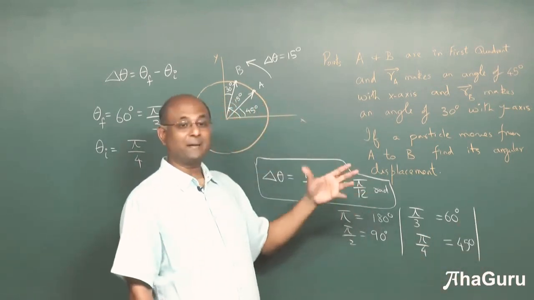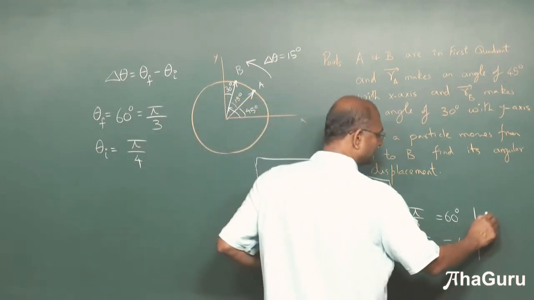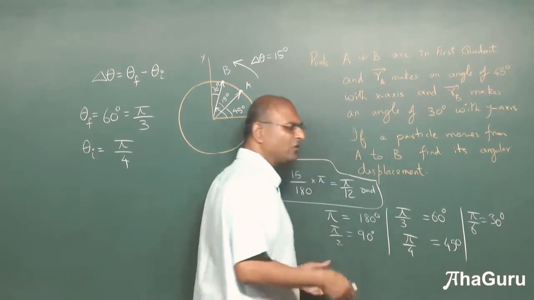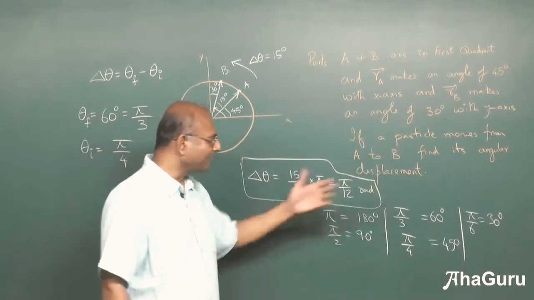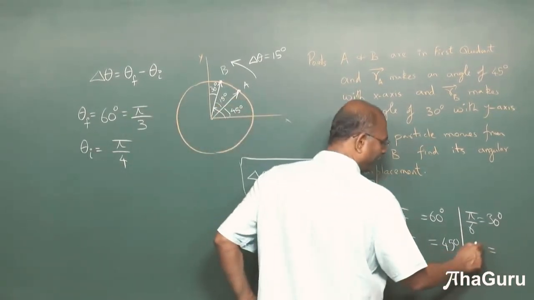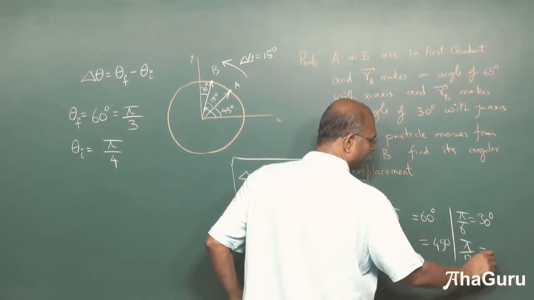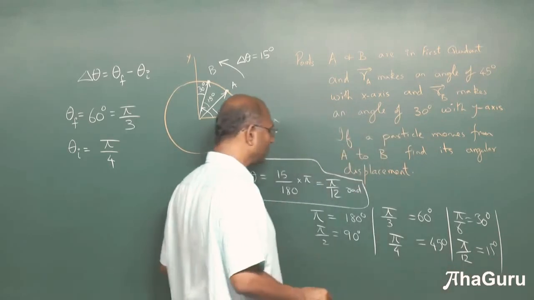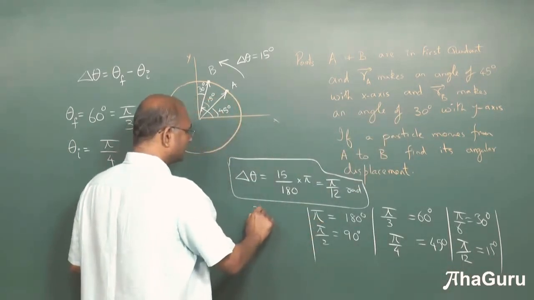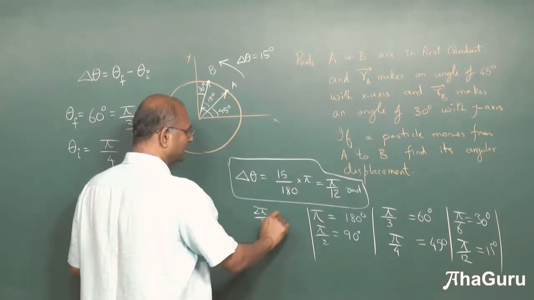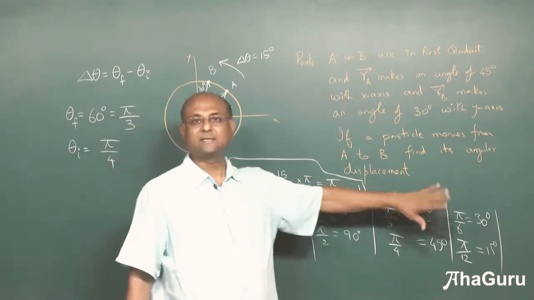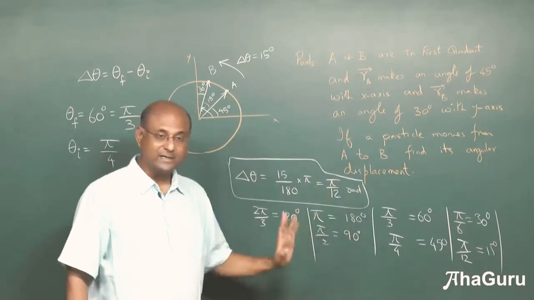Pi by 6 is 30 degrees. Usually you don't need pi by 12, but sometimes it's a good idea to keep in mind that pi by 12 is 15 degrees. But many times you do need to deal with 2 pi by 3, which is 120 degrees. Basically pi by 3 is 60 degrees. Keep that in mind. Pi is 180 degrees.